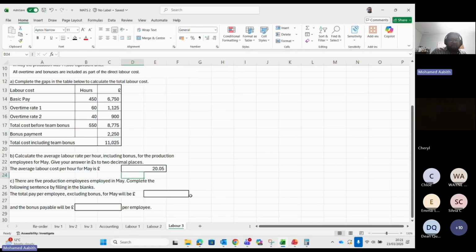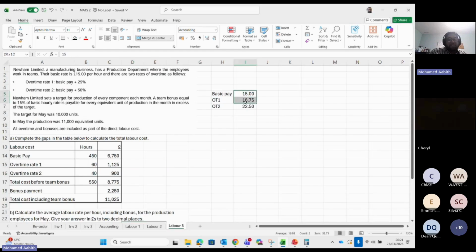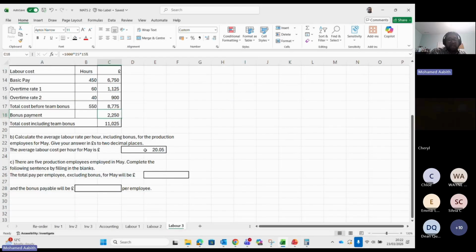Divide by 550, the hourly rate they're getting is £20 and 5 pence. If you notice, all these rates are all inclusive in there plus the bonus, and they are getting at the moment £20 and 5 pence per hour on average with that given information.